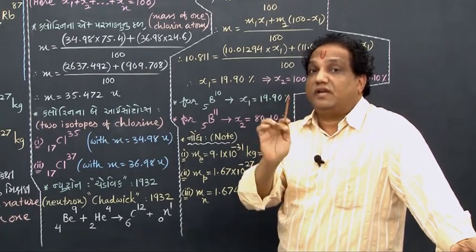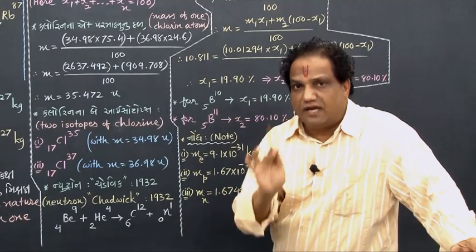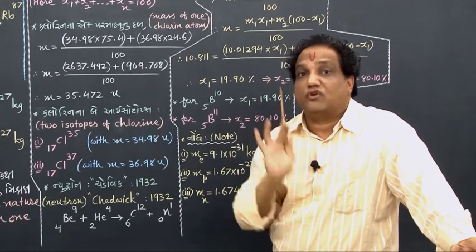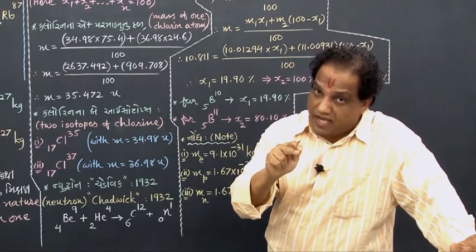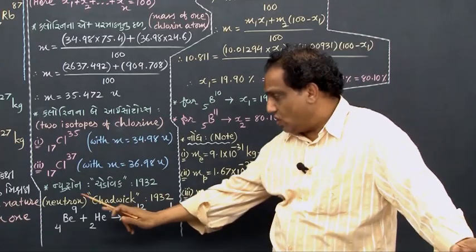It is found to be electrically neutral and its mass is nearly equal to the mass of proton. That same particle is given a name, it is known as neutron.